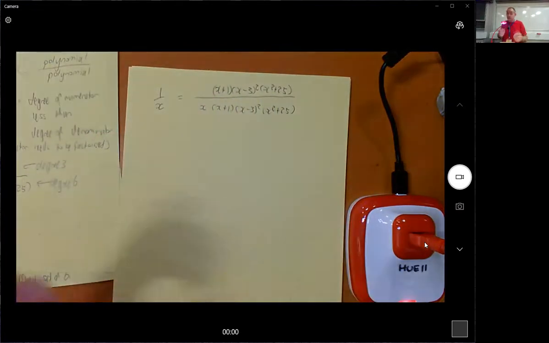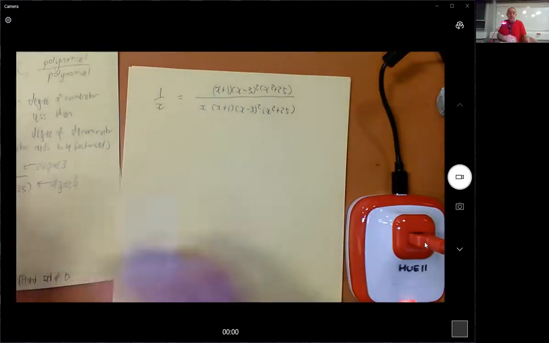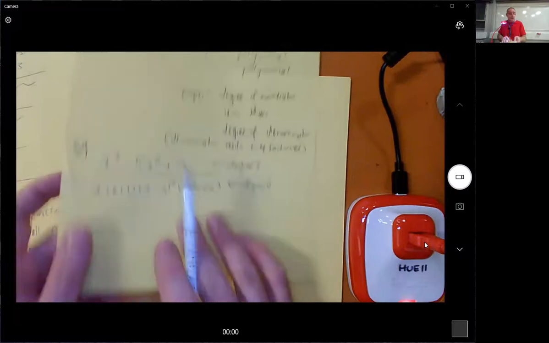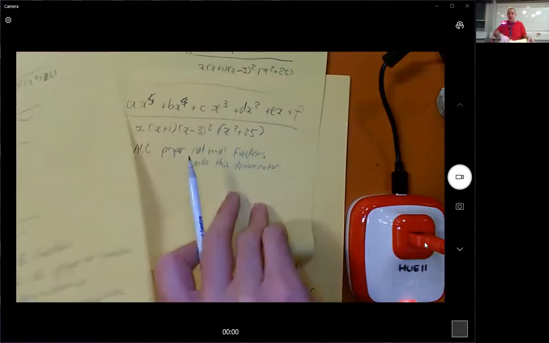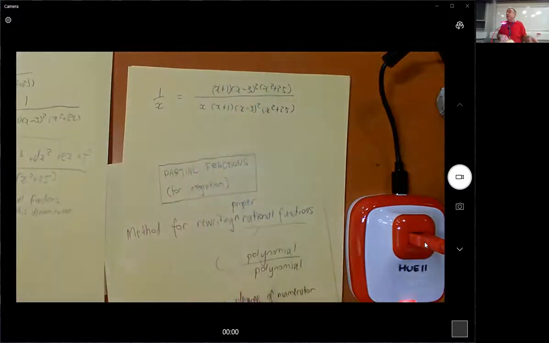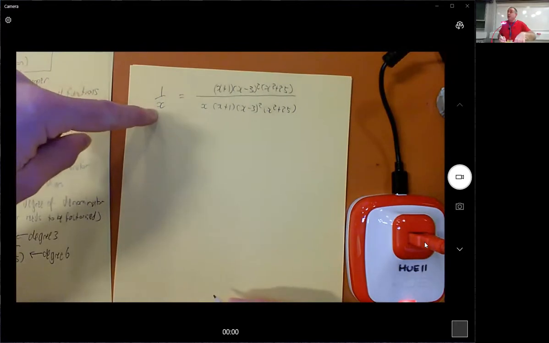Denominator's got 6, so that's good. And it has the correct denominator. So this is one of these functions. I don't know what the correct A, B, C, D, E, F from this expression are, but I would know if I expanded it out. And I do know how to integrate 1 over x.